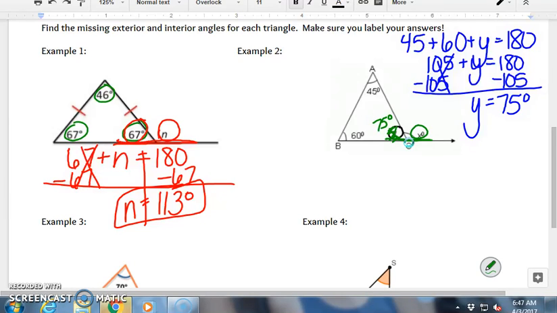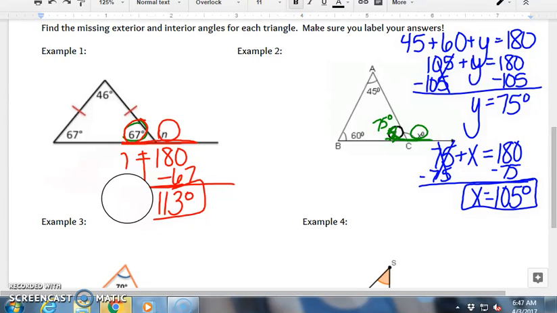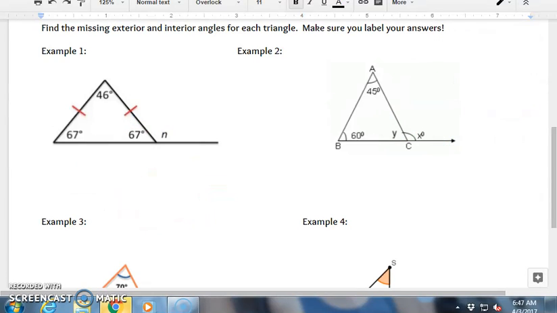If I take 75 plus x, that's going to equal 180. So I subtract 75 from 180, and I get x equals 105 degrees. So a little bit more work to find the interior angle first, and then find the exterior angle.